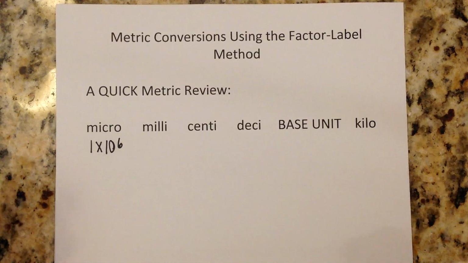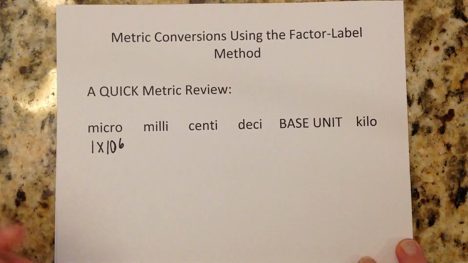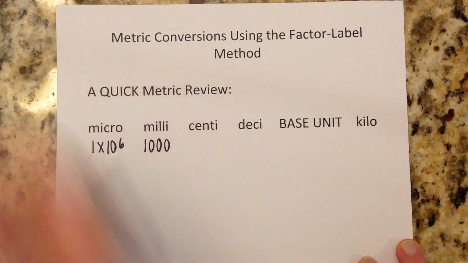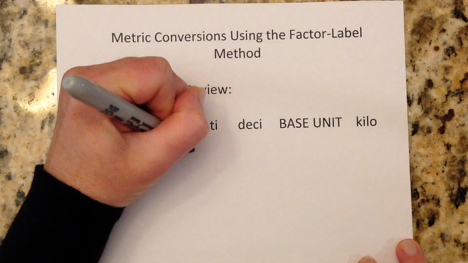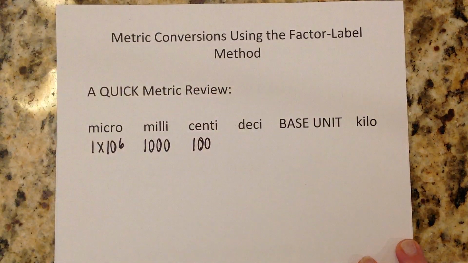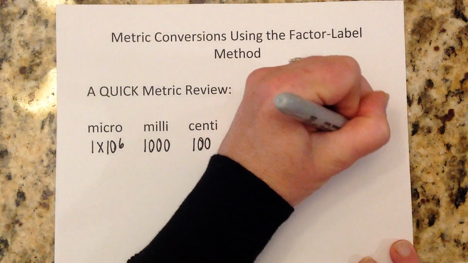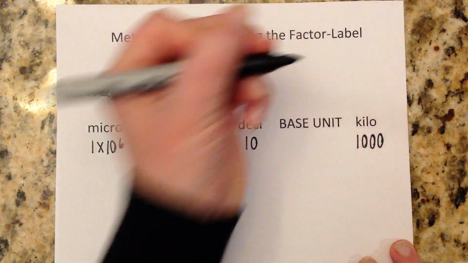This lesson is not concerned with significant figures, but especially if you're taking an AP or a college class, always make sure you follow your significant figure rules. Milli means 1,000. Centi means 100. Deci means 10. And kilo also means 1,000.